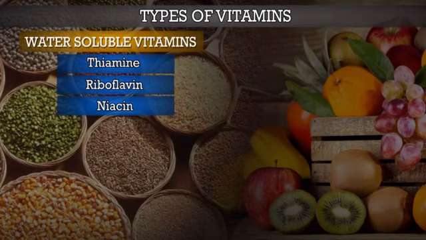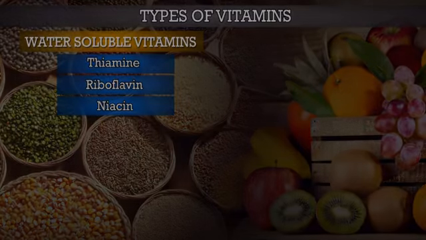Next vitamin is niacin. Niacin was formerly known as PP factor, that is pellagra preventing factor, and vitamin PP is a common name for nicotinic acid, and its amide, nicotinamide, also formerly known as vitamin B3.